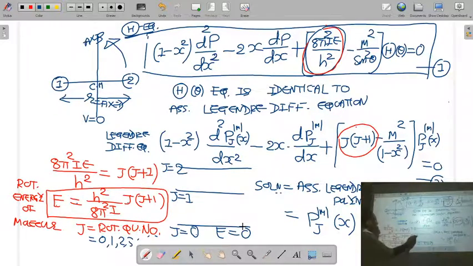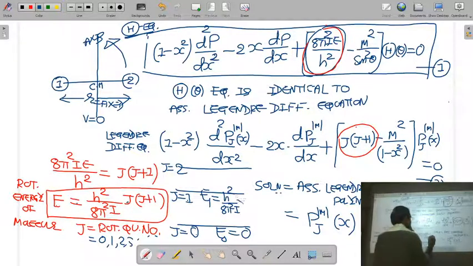If you put J is equal to 0, the rotational energy of the molecule will be 0.